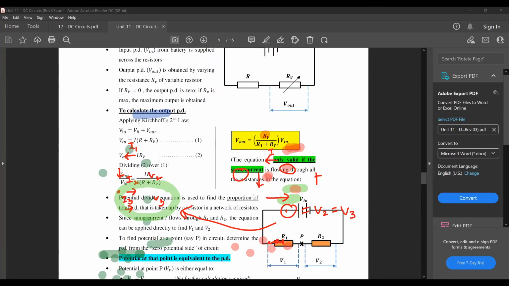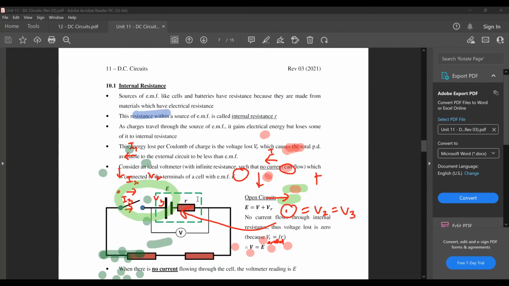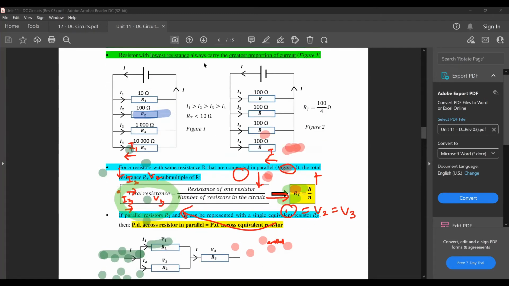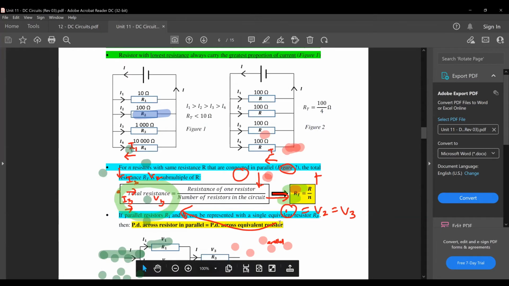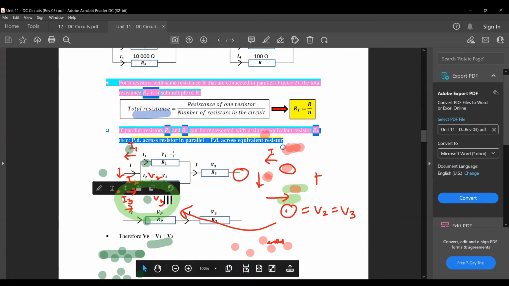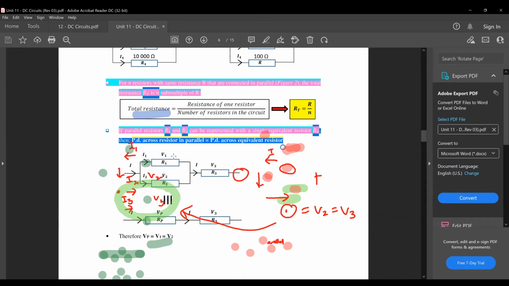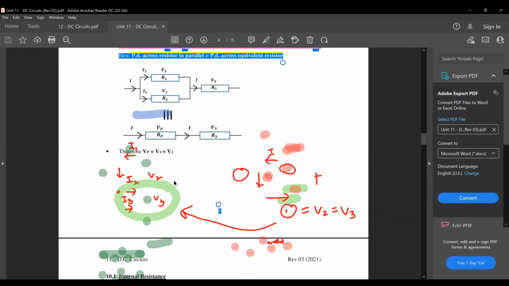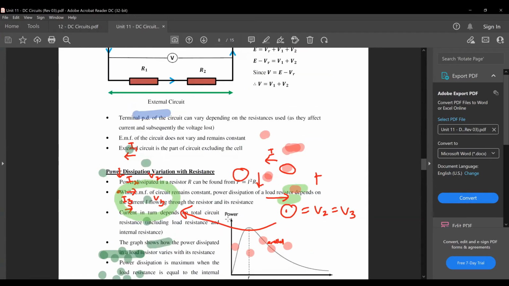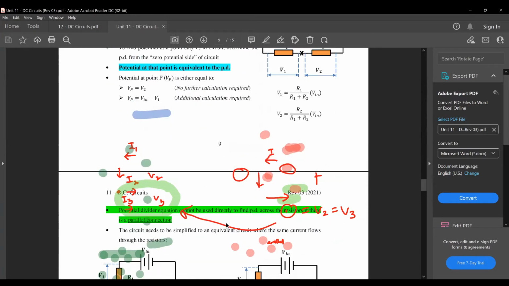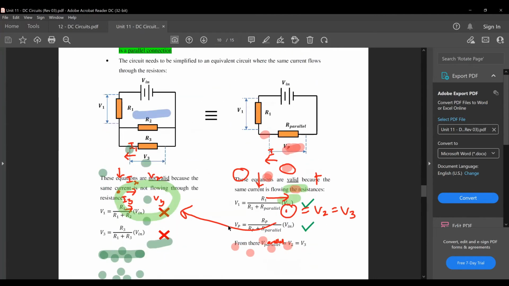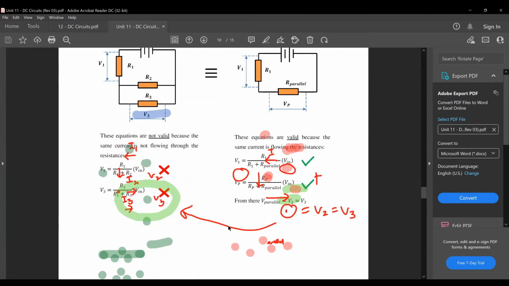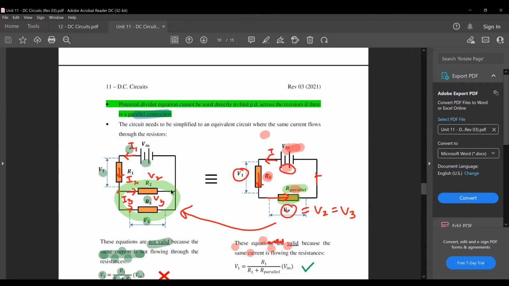This one comes from this part of your notes. Remember this one under page 6 of your notes? I mentioned that when you simplify a parallel resistance, the PD across the parallel resistance is actually the PD across your resistors itself that were in parallel. So by doing it this way, you can find the PD. All right. So far so good with this.